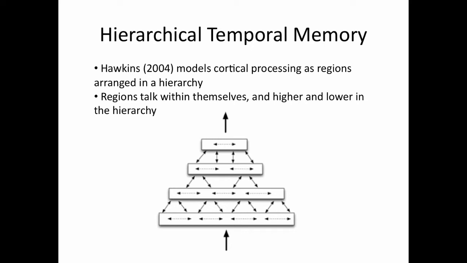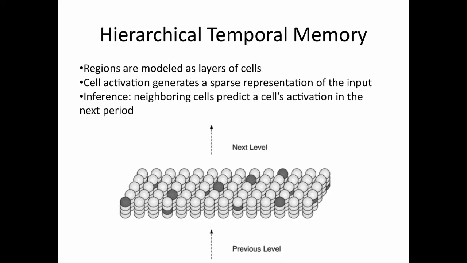So regions talk within themselves, and they get inputs from lower in the hierarchy, and they provide feedback back down from higher levels back down the hierarchy. In a given region, we model a layer of cells, which are a simplified version of a neuron. Cell activation generates a sparse representation of the input, which is an efficient way to represent things in a neural network.